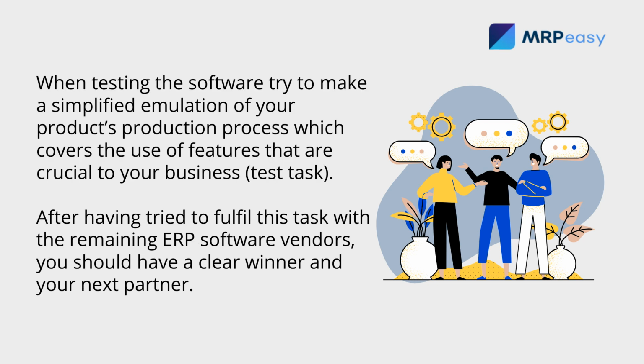When testing the software, try to make a simplified emulation of your product's production process, which covers the use of features that are crucial to your business, i.e. a test task. After having tried to fulfill this task with the remaining ERP software vendors, you should have a clear winner and your next partner.